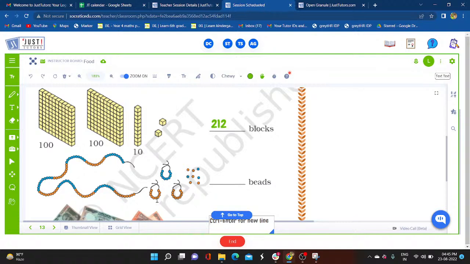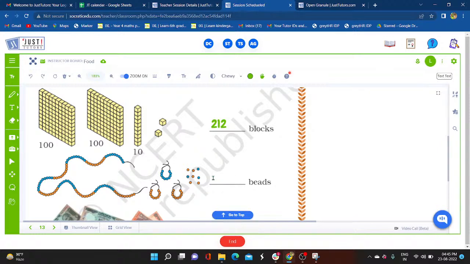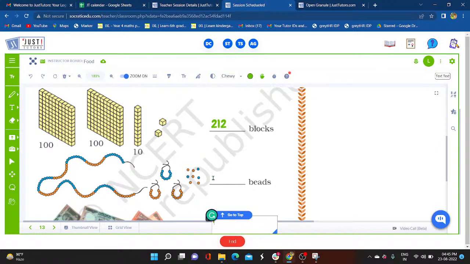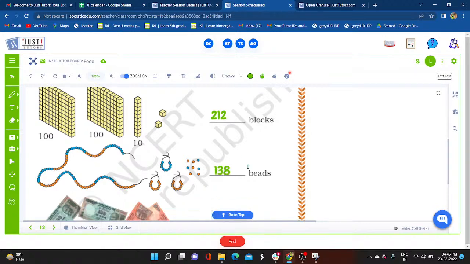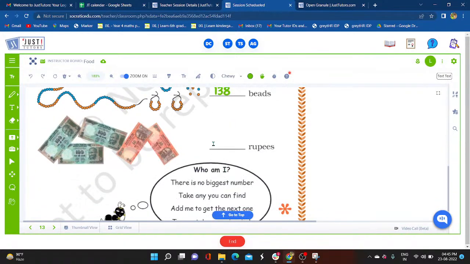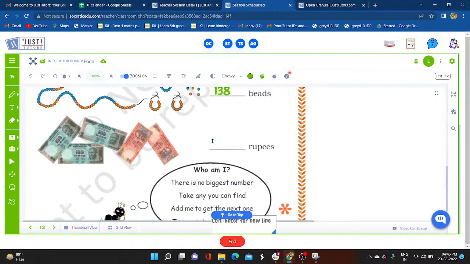Now this one is made of 10 beads, and we have 1, 2, 3, 4, 5, 6, 7, 8. So 138. And the very last part, we have 300 rupee notes and two 10 rupee notes. So 320.